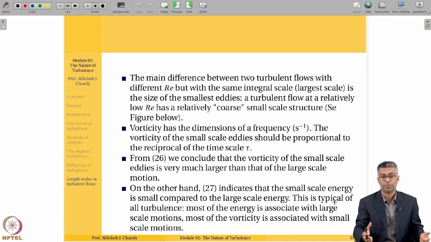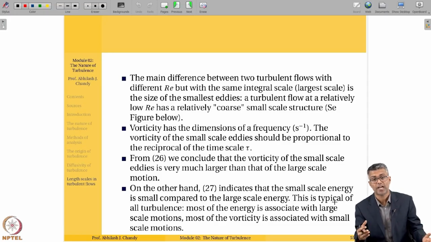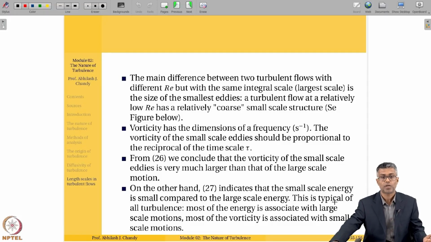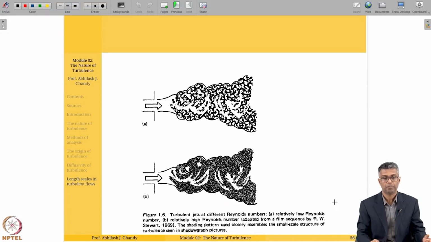That causes eta to be different. So you would think that at a low Reynolds number, you would have a relatively coarse small scale structure, as opposed to a fine small scale structure. You can see this in this picture here.